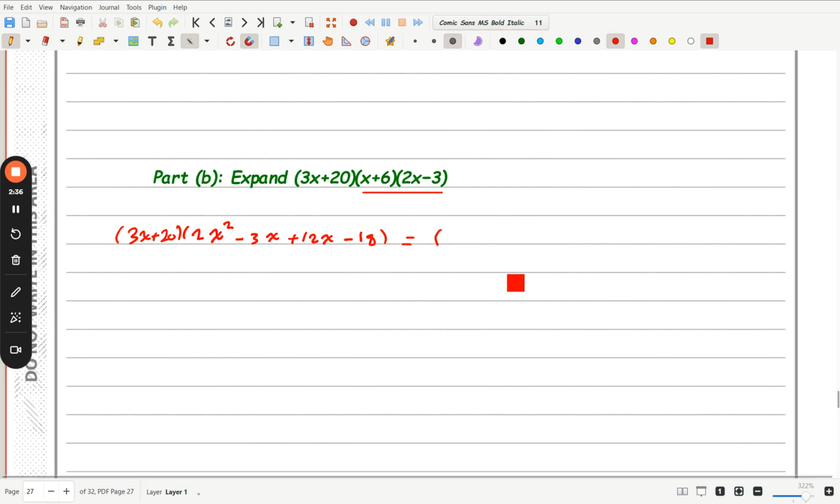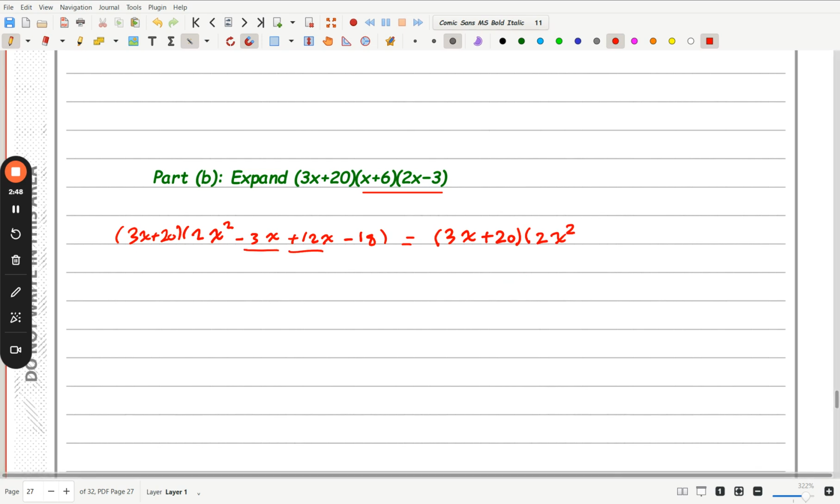This will give us 3x plus 20 times the simplified 2x to the power of 2 minus 3x plus 12x, that is 9x minus 18.